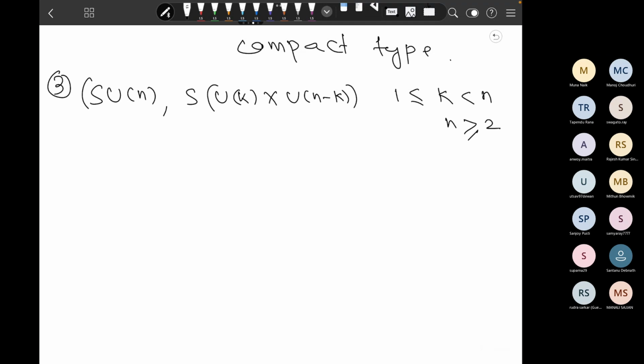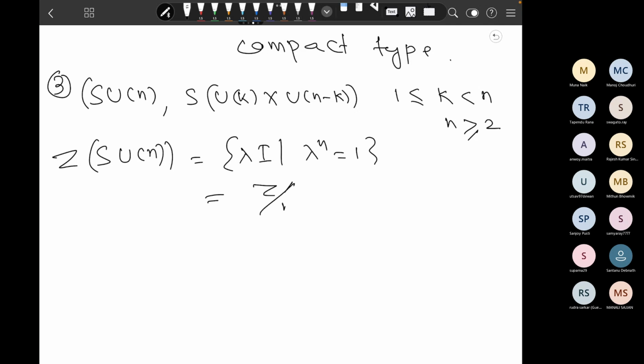Okay, so SU(N), this is the thing. Now Z of SU(N) is really λI so that λ^N = 1, and this is really Z mod NZ, and this is a finite group, right? This is finite.